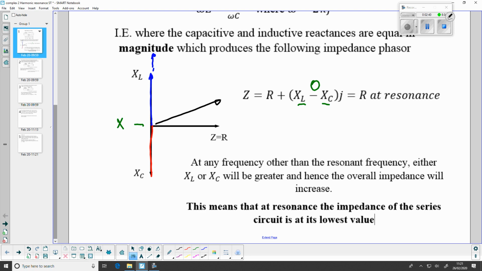Alternatively, if the red phasor got longer than the blue one, it would pull it down that way and the impedance would be bigger. So at resonance, the impedance of the series circuit is at its lowest value. It's equal to the resistance, and that's the lowest it can be because the resistance doesn't change with frequency. You all okay with that? Yeah?